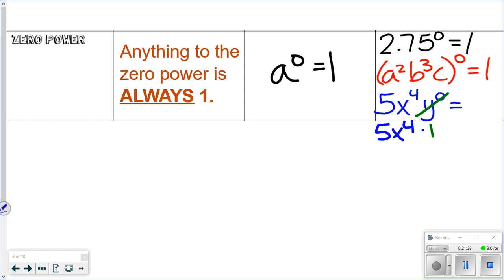So 5 has an exponent of 1. X has an exponent of 4. So those need to stay in my answer. The only thing that cancels out is y to the 0 power. That's the only thing that turns into a 1. So my answer is 5x to the 4th power.